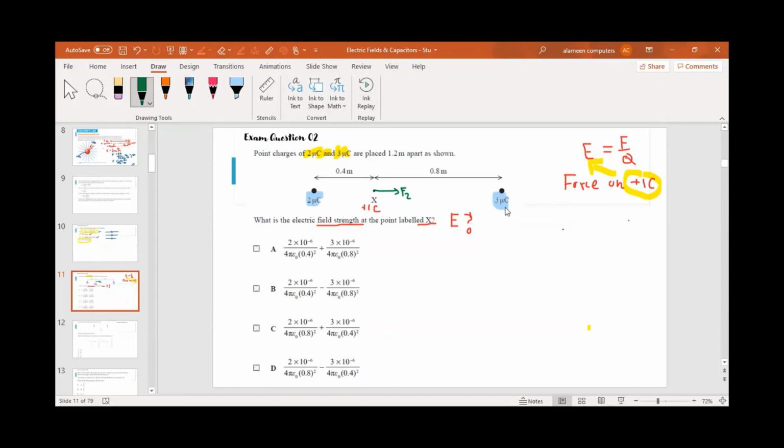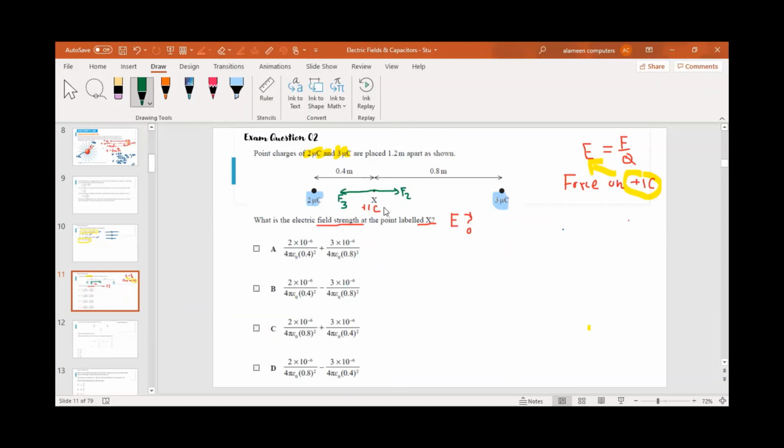And then we have 3 microcoulomb also, we can't forget that, because it also contributes to creating the electric field at X. So we've got to consider its contribution. The 3 microcoulomb charge, being positive, exerts a repulsion on +1 Coulomb charge. So we'll call it F3 from 3 microcoulomb. These two forces are opposite to each other.